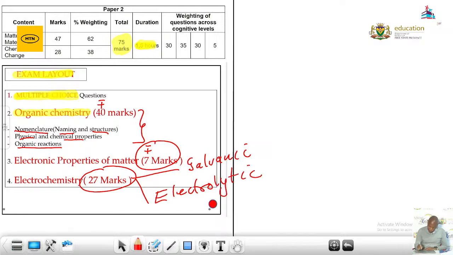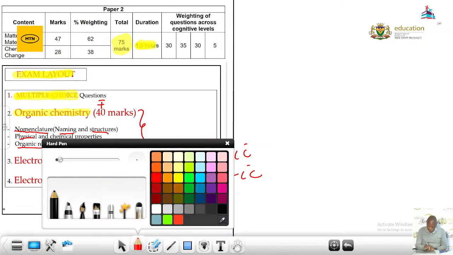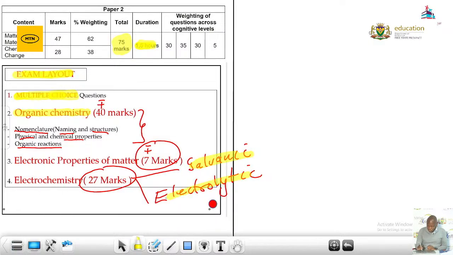For the purpose of emphasis, I decided to break everything into small parts to be in a position to explain each and every key critical concept when we get into electrochemistry. So basically, these are key critical topics that one needs to focus on. For one to pass, the critical ones will be organic chemistry as well as electrochemistry.